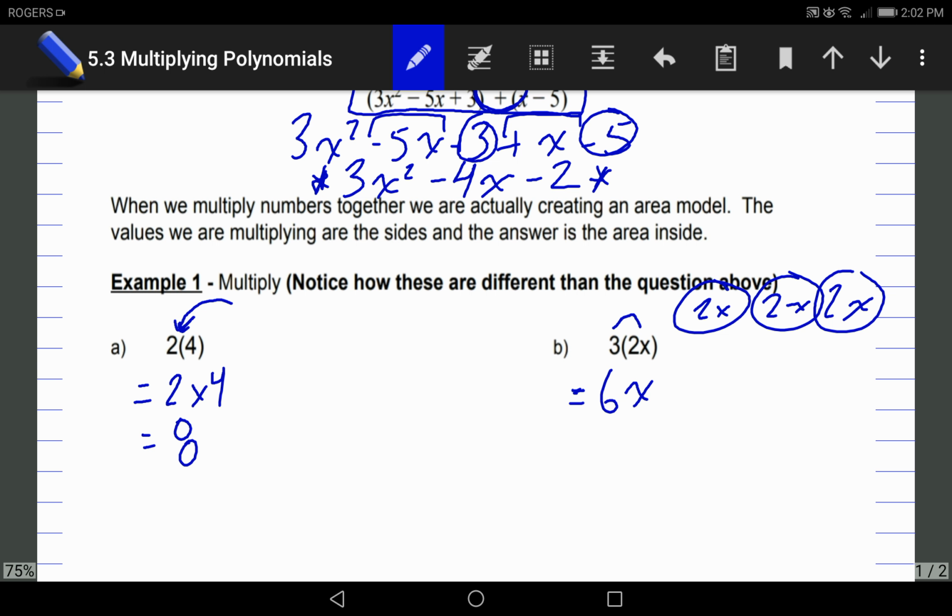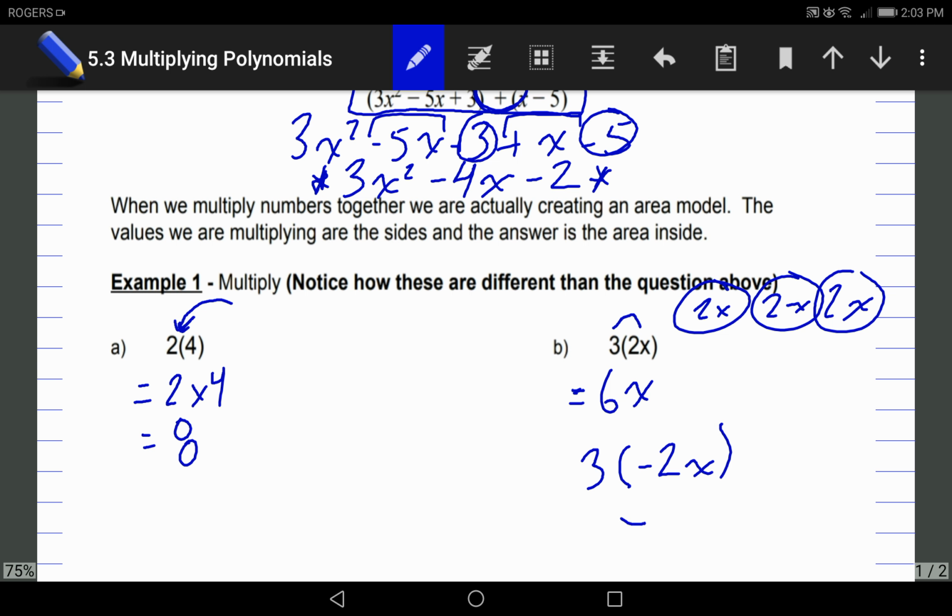Now just off to the side, this is a thing where students get really confused. What if this had said 3 times negative 2x? A lot of students would think, oh, now I'm adding and subtracting. This is 3 minus 2x. But look closely at the difference.